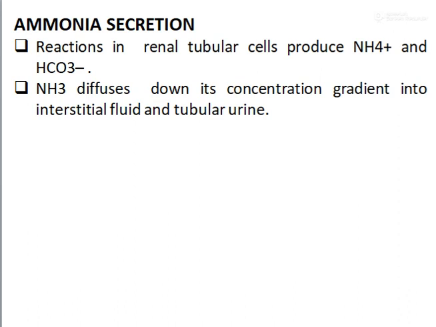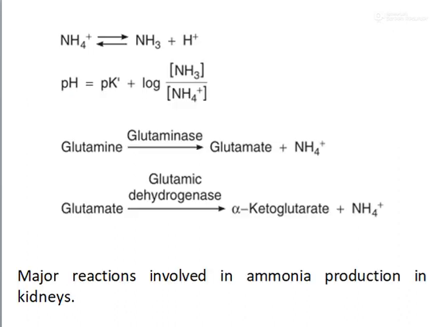So what happens? NH3 is lipid soluble and it diffuses down its concentration gradient into interstitial fluid and tubular urine. In urine, it reacts with H+ and forms NH4+, and this NH4+ remains in the urine.